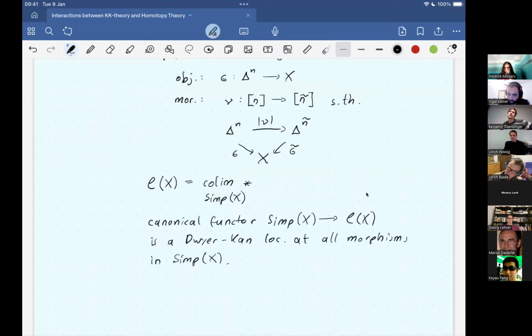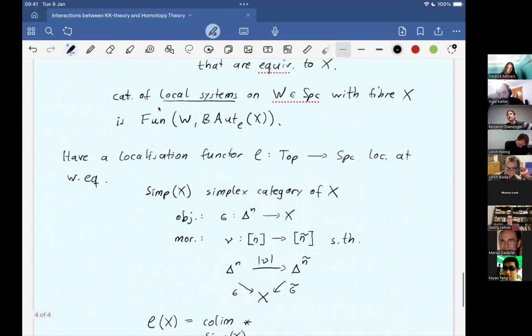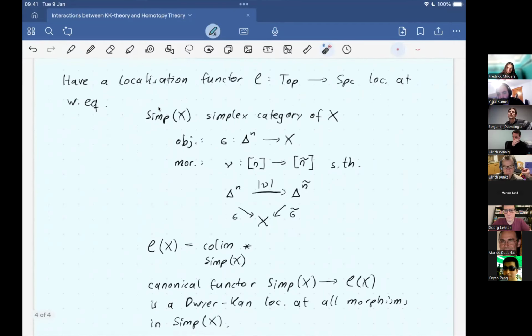There's a question in the chat, namely what happens if W is the Cantor set? So should we pose any conditions on W, I guess? I think probably this should be the space the bundle is over, but this always works. It just remembers the weak homotopy type of the topological space.